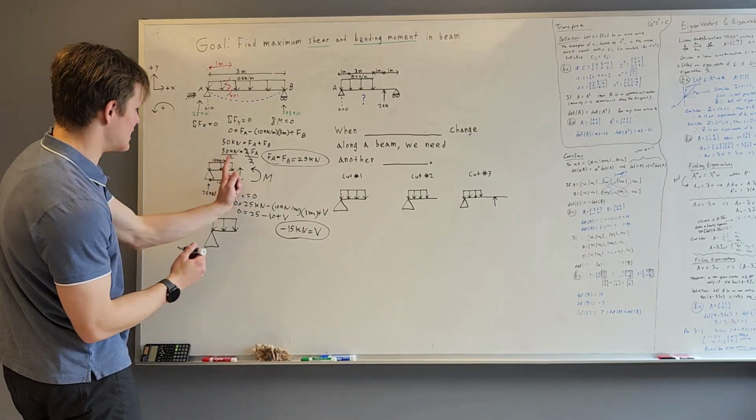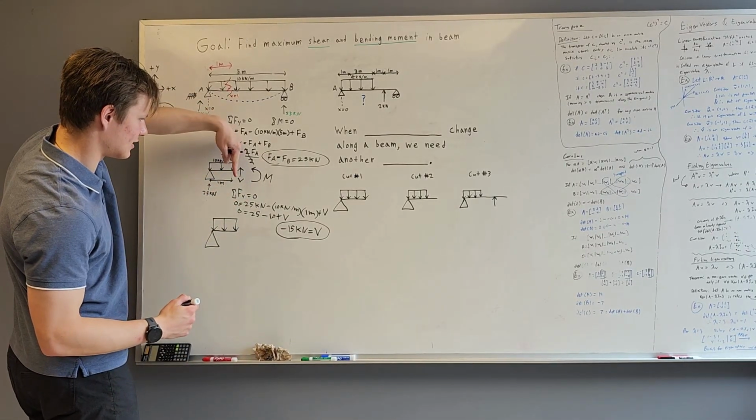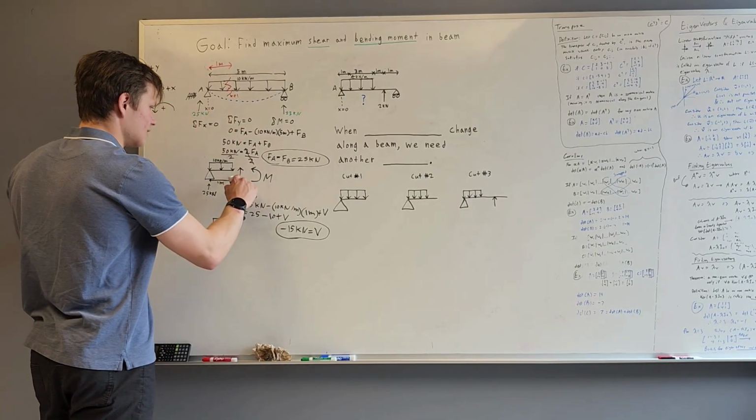We have negative, so this direction, downward, 15 kilonewtons of shear.